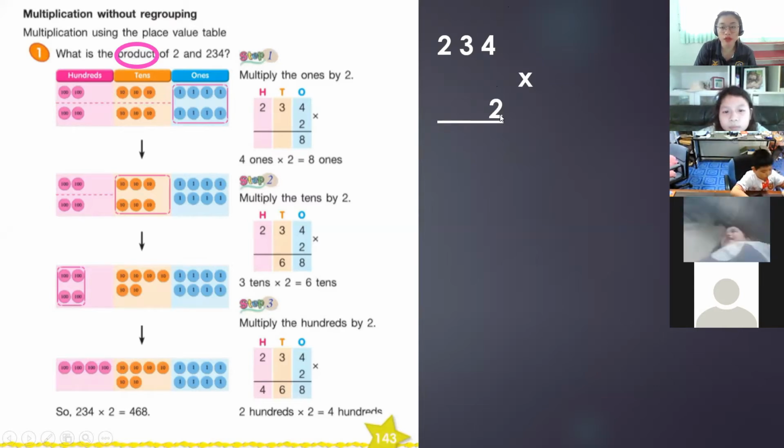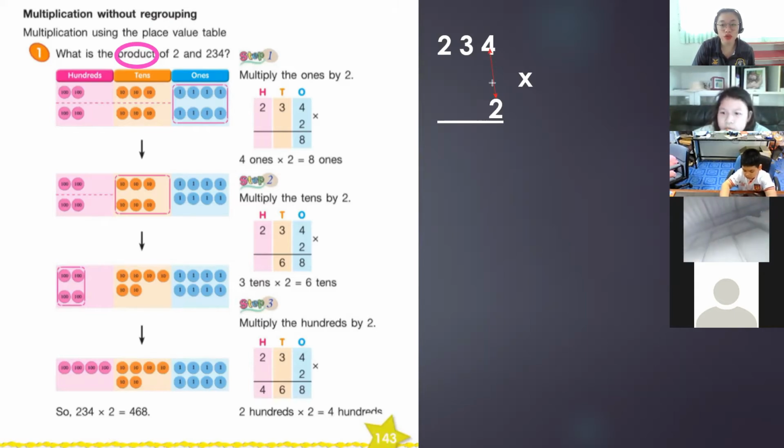We're going to multiply using the place value, starting in the ones place. We multiply 2 and 4 first, which is in the ones place.